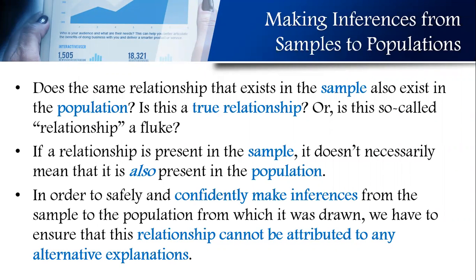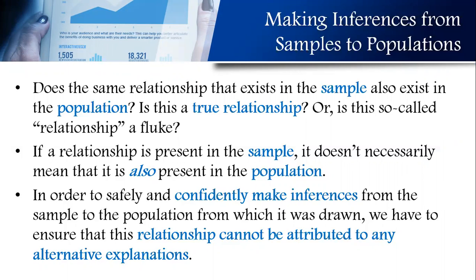So in the process of hypothesis testing, we must ask ourselves questions such as, does the relationship that exists in the sample also exist in the population? Is this a true relationship, or is this so-called relationship a fluke?